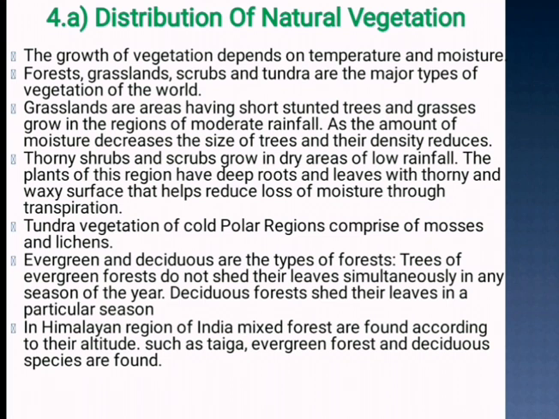The next one is the tundra vegetation of cold polar regions, which comprises mosses and lichens. There the vegetation is not possible that much, the trees are not growing in that region. There we can find only the mosses and lichens.